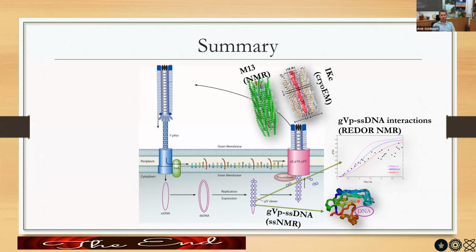And the other thing we showed you is the structure calculation of the gene 5 protein in complex with DNA, which has actually been an open question for more than 30 years, which is now solved. We now have initial restraints to also model the DNA inside. And with some more experiments, once our probe is not broken anymore, we'll be able to measure many more of these phosphorus carbon distances, and hopefully next time I'll be able to show you how we model the DNA in this binding cleft.